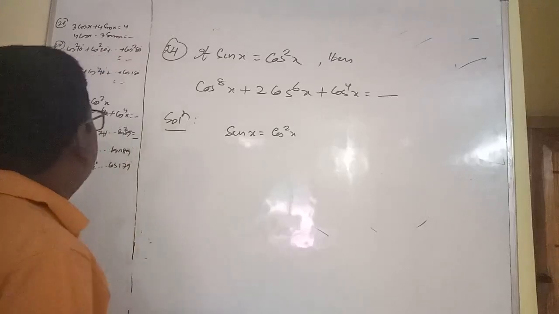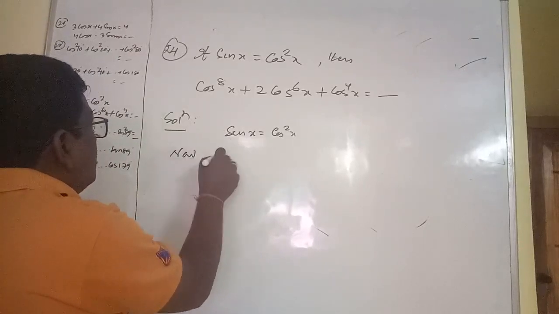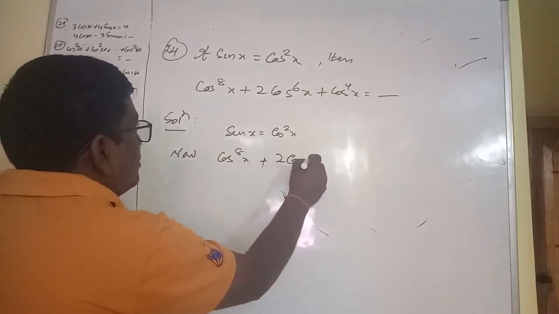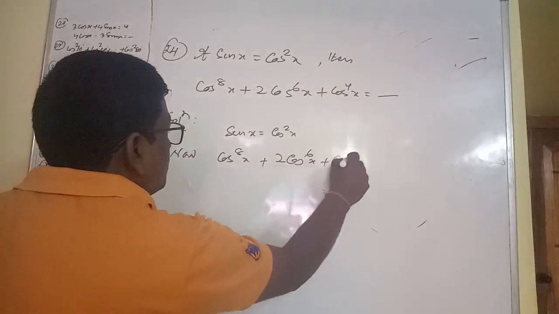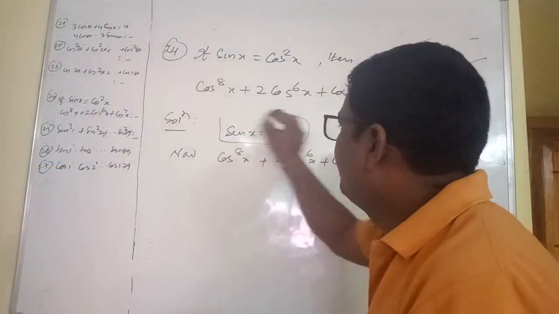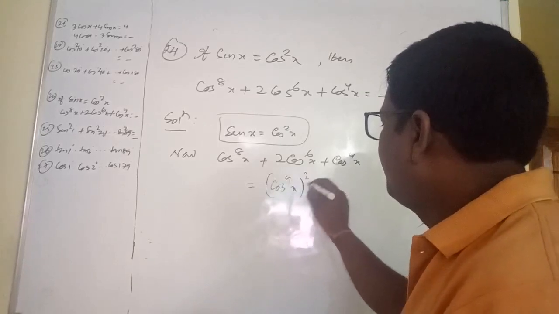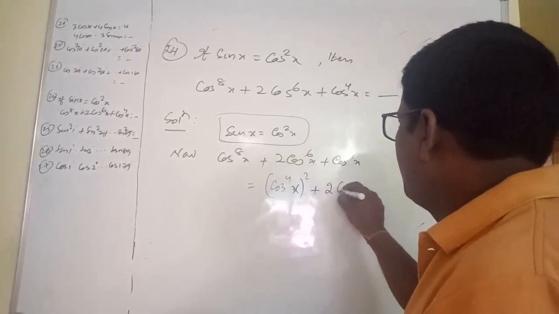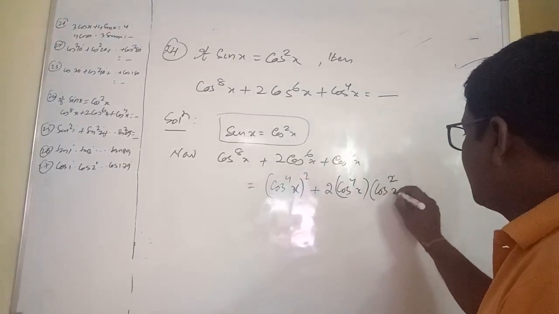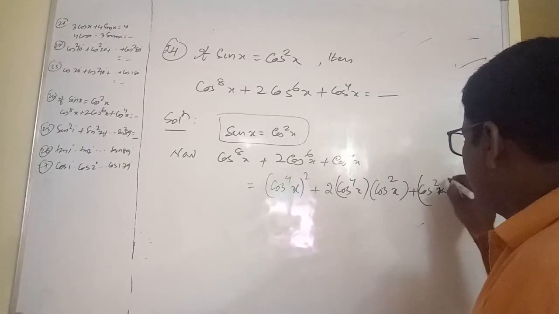Now cos 8x plus 2 cos 6x plus cos 4x can be written as (cos 4x) whole square plus 2 into cos 4x into cos square x plus (cos square x) whole square.